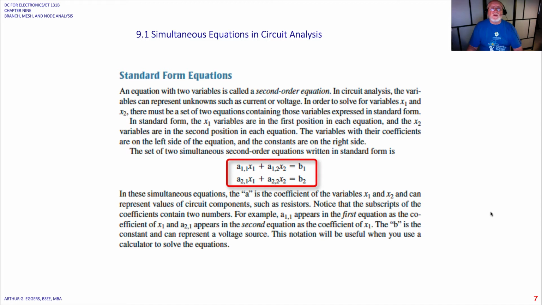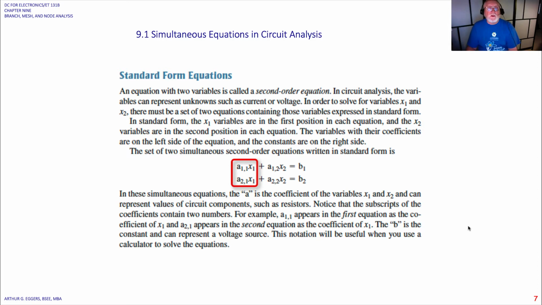The set of two simultaneous second order equations written in standard form is as you see it. In these simultaneous equations, the A is the coefficient of the variables x1 and x2 and can represent values of circuit components such as resistors.